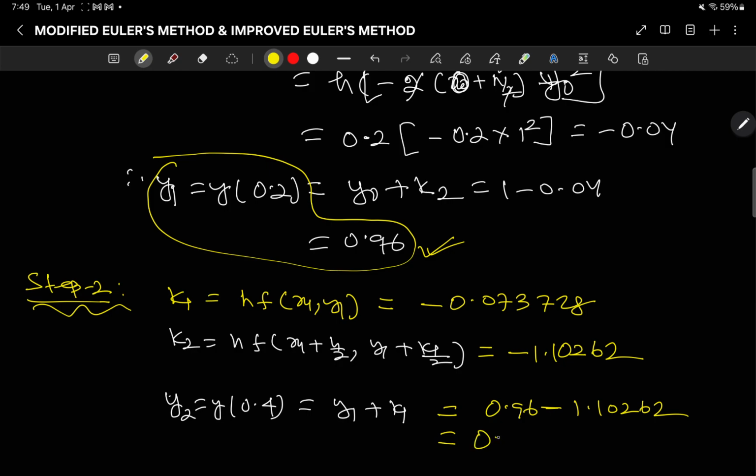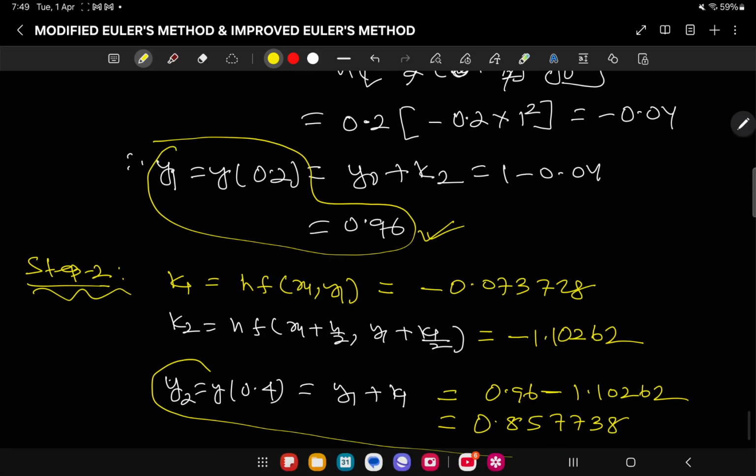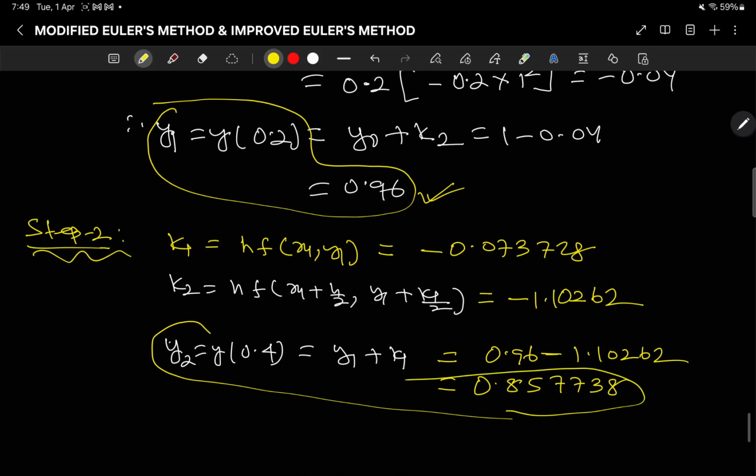So I am getting 0.857738. This is my y(0.4). We just compare after we get the solution by the improved Euler method.